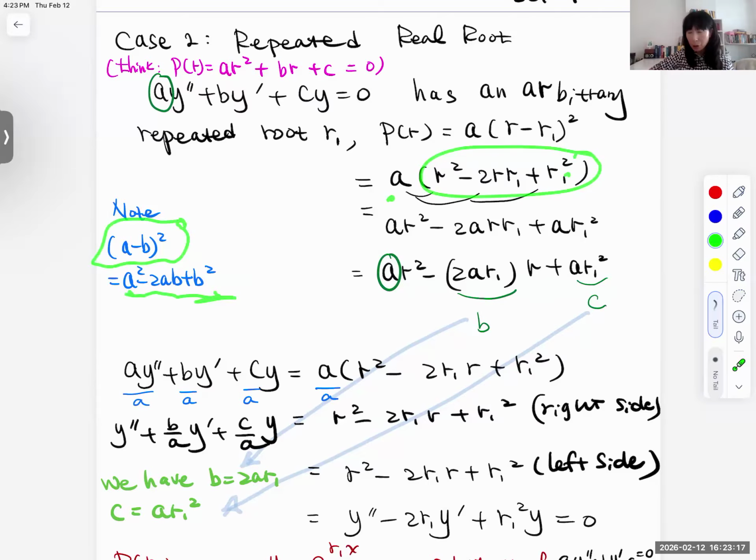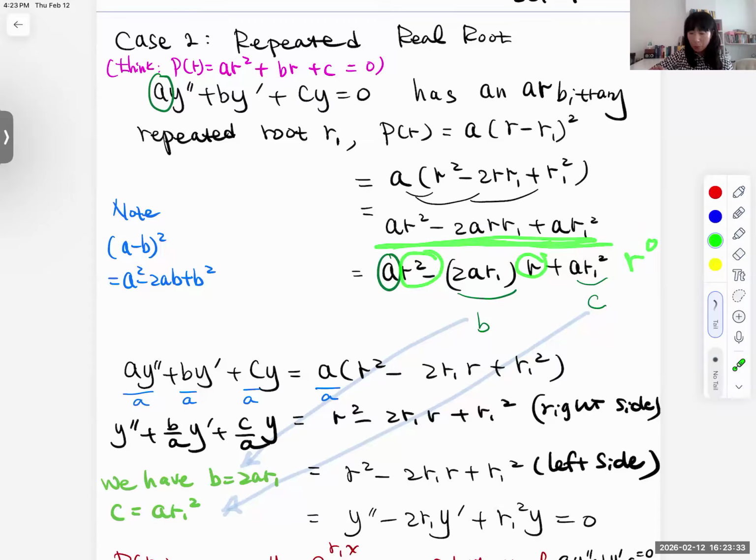Okay, now we distribute the a, then we get this one. Now we arrange r squared with r and r to the 0 power. Then 2a r sub 1 will be b in that case, corresponding b, and a r sub 1 squared will be c, corresponding with the c.